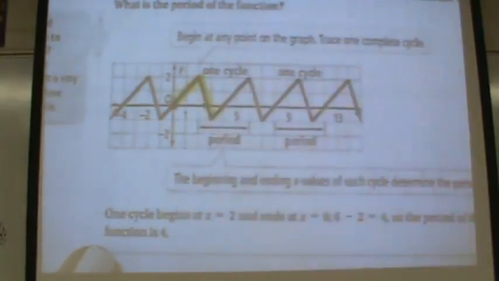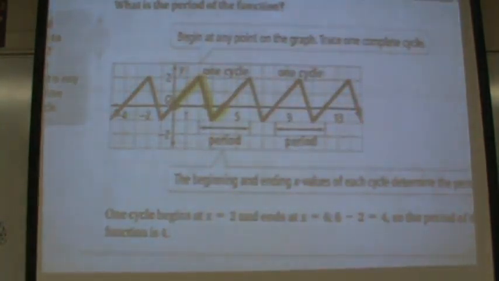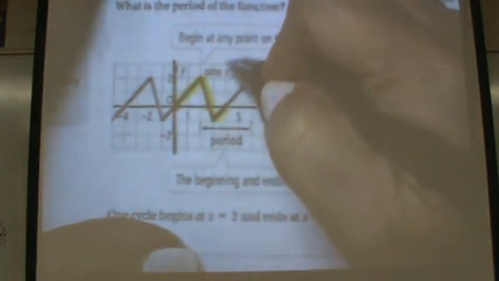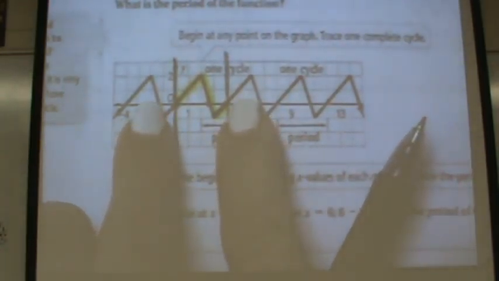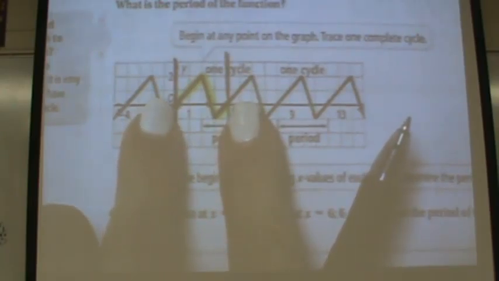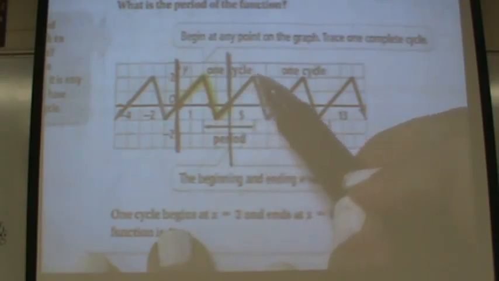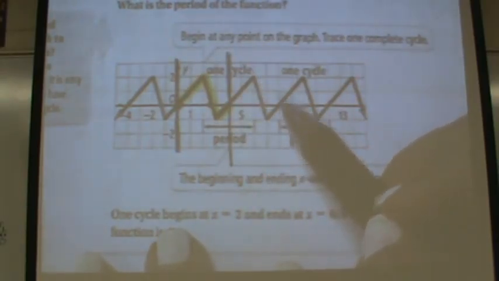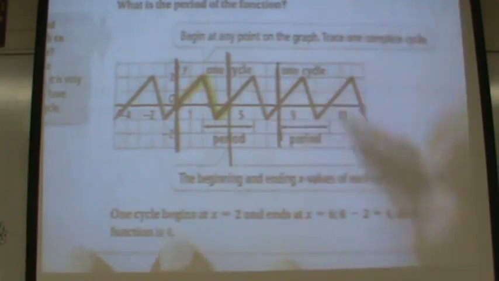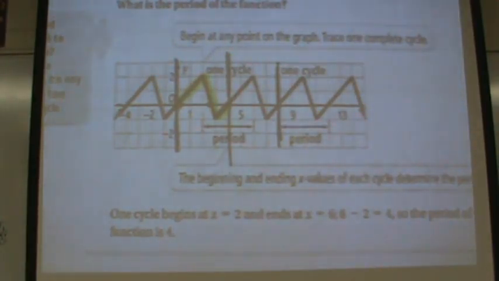We gotta go down there and right up to there. So from here to here, that is one full cycle. Because then it starts again from here to here. There's another cycle. So that is considered one way to determine one full cycle.